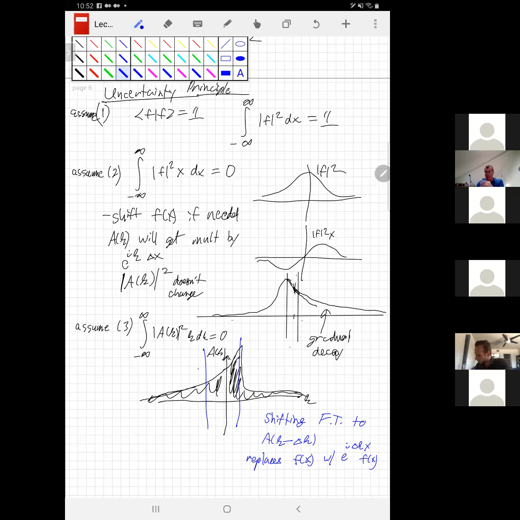But you're thinking, okay, well, that's a problem. We're changing f of x. We just made these assumptions about f of x. But our assumptions were about the absolute value squared. And if I multiply f of x by e to the i x delta k, what exactly happens to the absolute value of f of x squared?